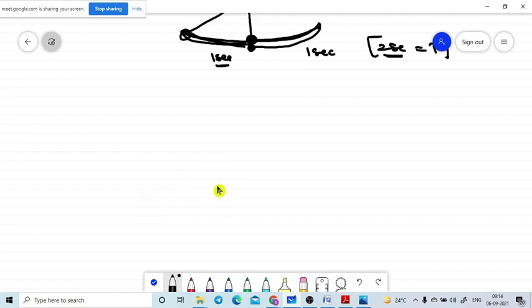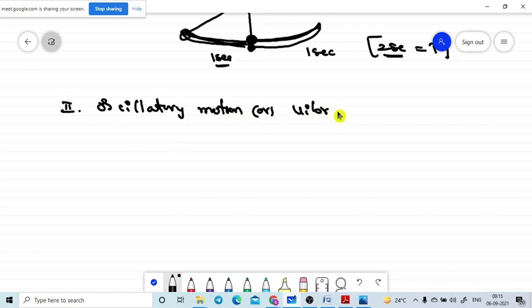Another one is the oscillatory motion or vibratory motion.